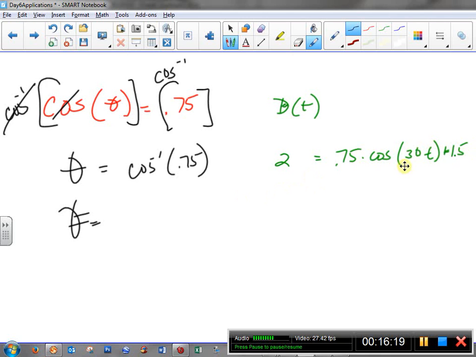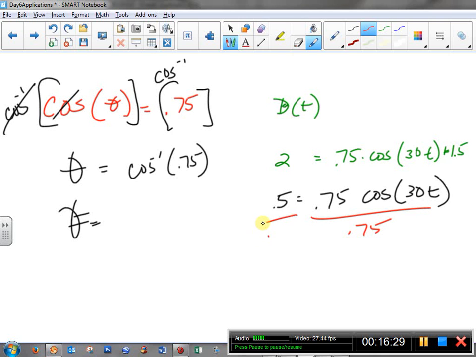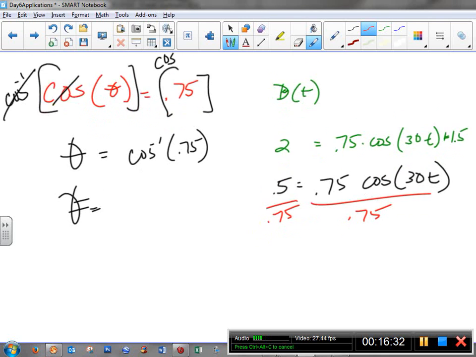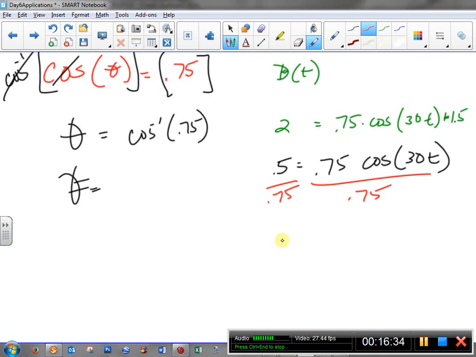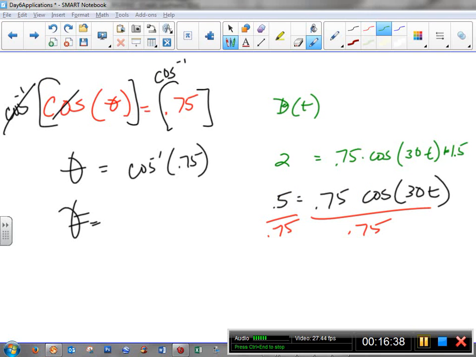We subtracted the 1.5 from both sides. After we did that, we were left with this. We divided both sides by 0.75. After we did that, we were left with 2/3 over here equals cosine of 30t.